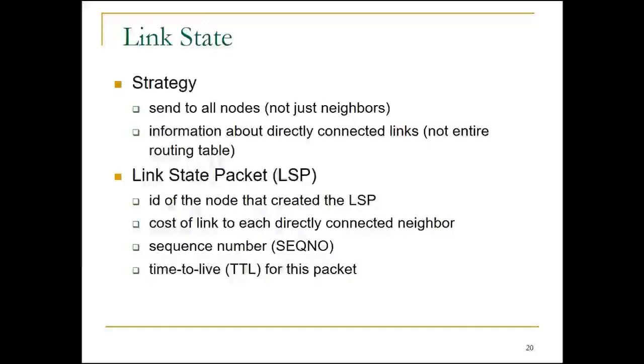So generally when packets come through, they carry some of this information: IDs, the cost involved in moving a packet across a particular link, sequence numbers, and the time to live, which is more or less a time allocated for the packet from a source to a destination or from one link to another.